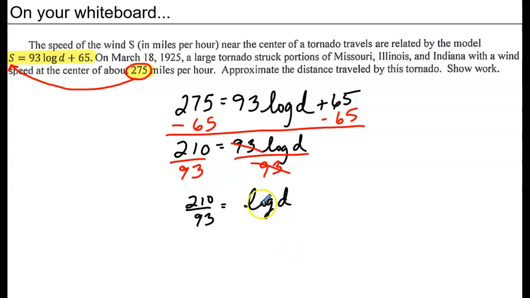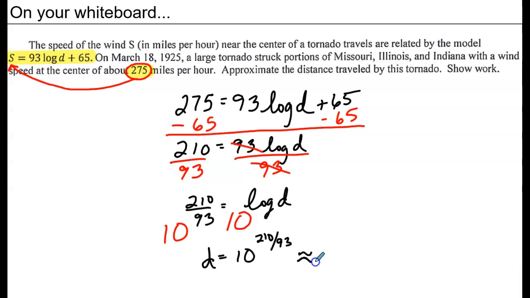Now we're ready to exponentiate both sides by the base of the log. A common log is a base of 10. So we have a distance then, using the inverse property, of 10 to the 210 over 93 power, and that would be the exact value.